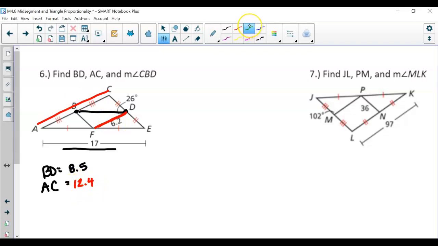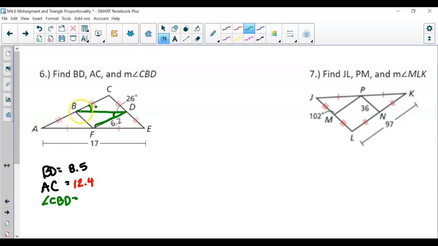Now we're looking for the measure of angle CBD. I'm going to go ahead and erase this information here. Angle CBD is here. This is the angle that we are looking for. Now, what angle are we given? We're given that this angle here is 26 degrees.